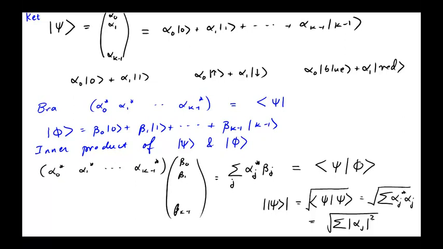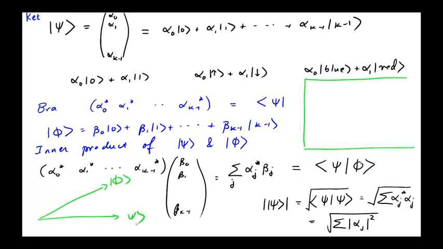If you wish to think about it intuitively, the inner product gives you a natural notion of the angle between two vectors. If this was phi and that's psi, then we want to think of the inner product as telling us what this angle theta is between these two vectors, and so it tells us what cosine theta is.